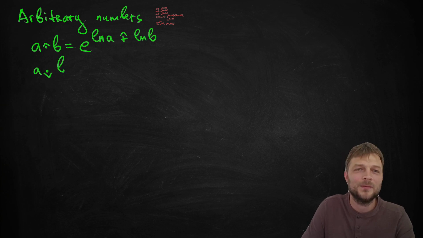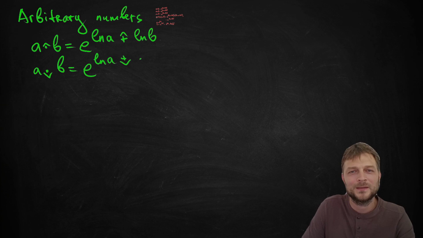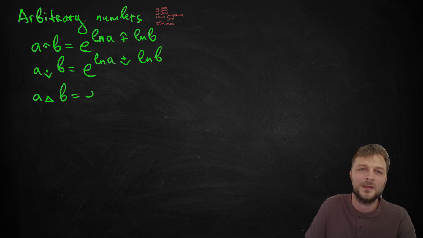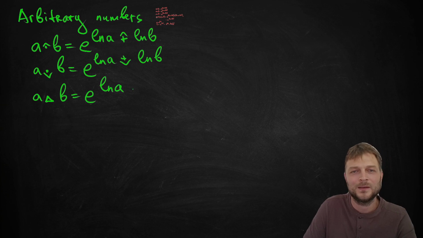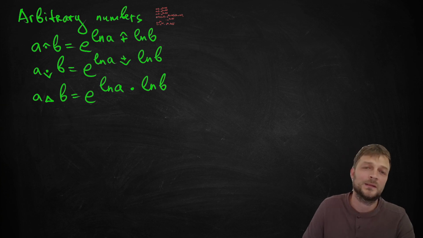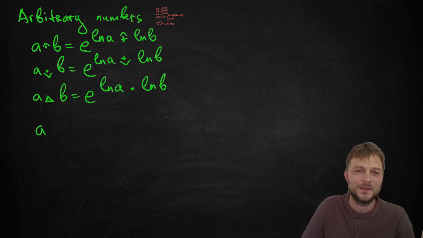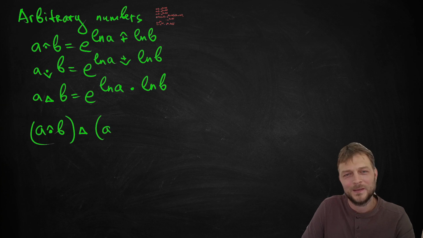A multiplied by b, dual multiplication, will be equal to ln a plus ln b. A triangle b will be equal to e to the power ln a multiplied by ln b. And let's just multiply these numbers, so that a multiplied by b, triangle a multiplied by b, equal.